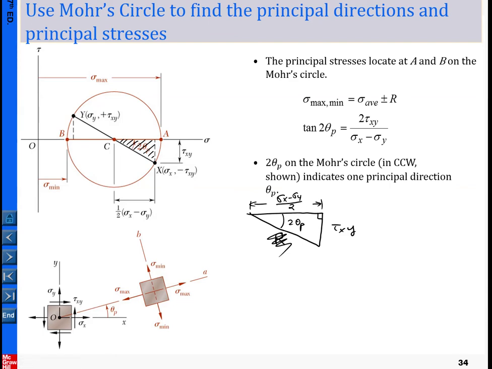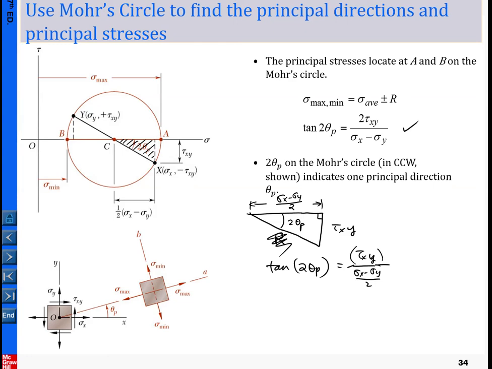So either way, if you take this relation, then tangent of 2 theta p will be equal to tau xy over sigma x minus sigma y divided by 2, like we did here. So either way, as long as you have this triangle and pick whatever information is convenient to you, you simply punch the calculator, and you should get this.